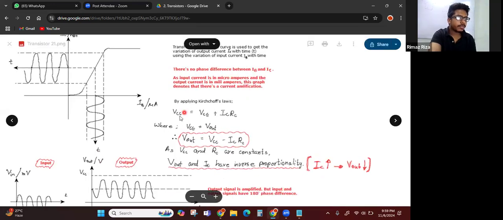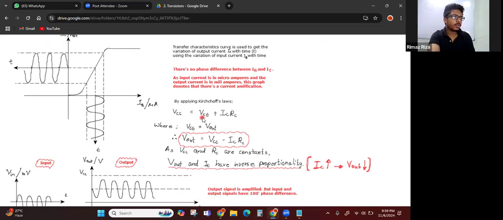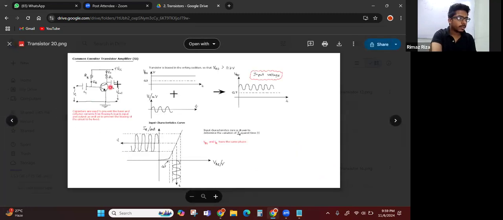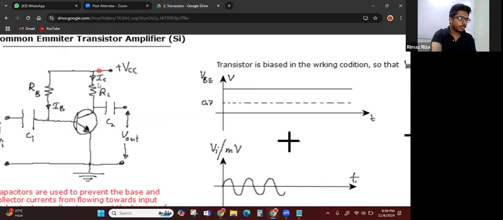By applying Kirchhoff's law, VCC equals VCE plus ICRC. Okay, here VCC, this voltage, is equals to ICRC, this voltage difference plus this voltage difference.